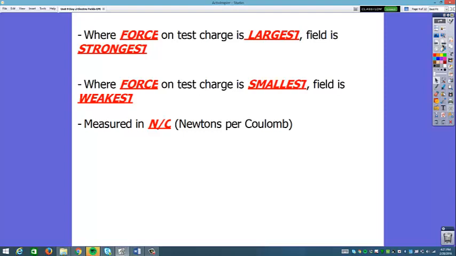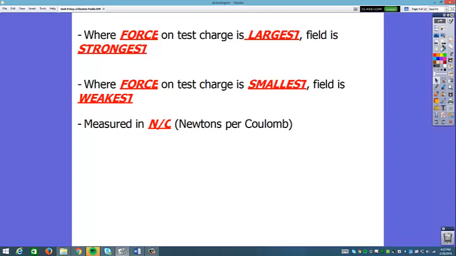Okay, wherever the force on a test charge is the largest, that means that the field is going to be the strongest. So if it's really getting a strong attraction or a strong repulsion, remember if they're like charges, they're going to repel, opposites are going to attract.